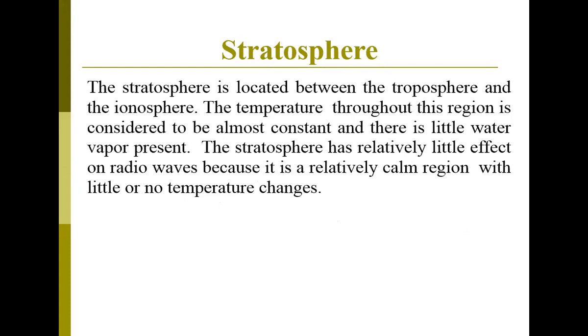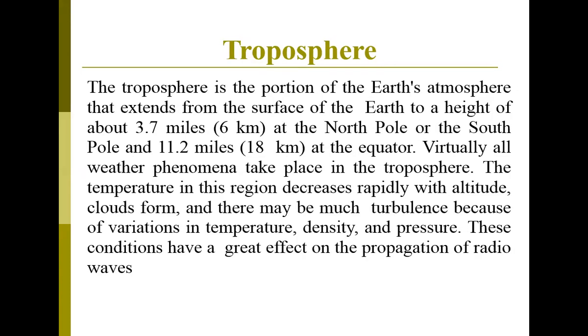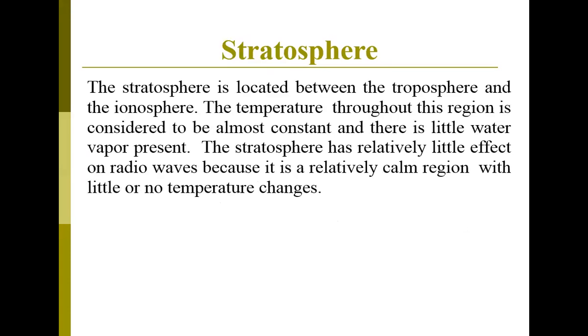Stratosphere. It is located between the troposphere and the ionosphere. The first layer is the troposphere, then there is the stratosphere, which is in between the troposphere and ionosphere. You can also say that it is sandwiched between the troposphere and ionosphere.